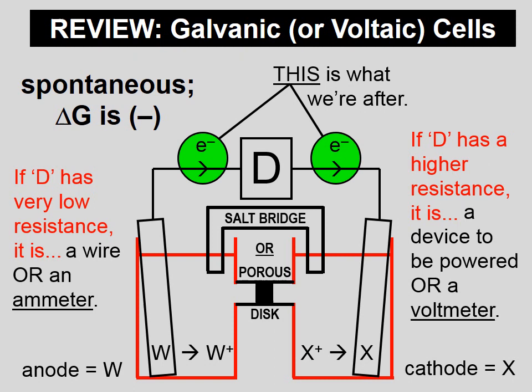In order to make this system run continuously, we also need to connect the solutions by a salt bridge or a porous disc. This allows the charge to be maintained so that we don't have too much positive or too much negative charge building up in one half cell or the other, and thereby stopping the reaction.